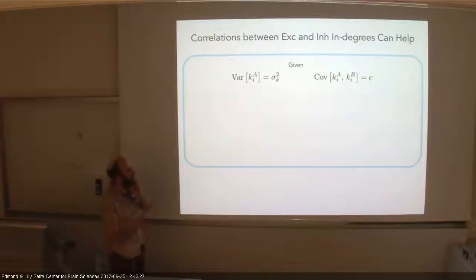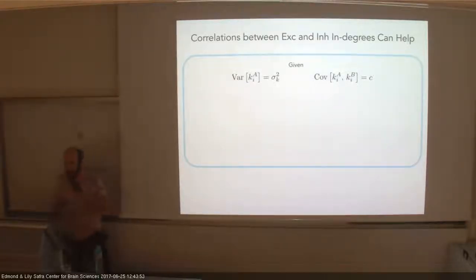We can build a generative model, a network where we assign each neuron its indegree, taken from some distribution with a given variance and also a given correlation. With a parameter C we choose how strongly correlated the number of inhibitory and excitatory inputs onto each neuron will be. So if C is 1, we have a perfectly correlated population, which can still have significant heterogeneity in the indegree.